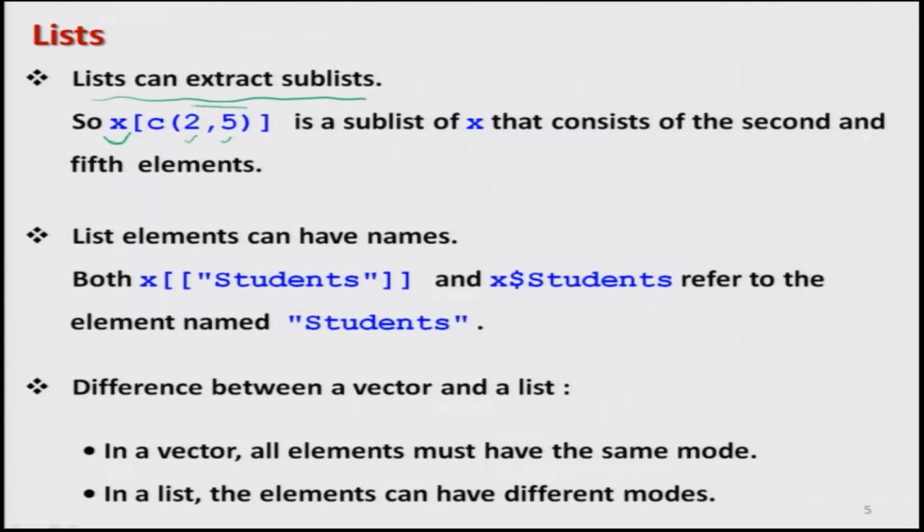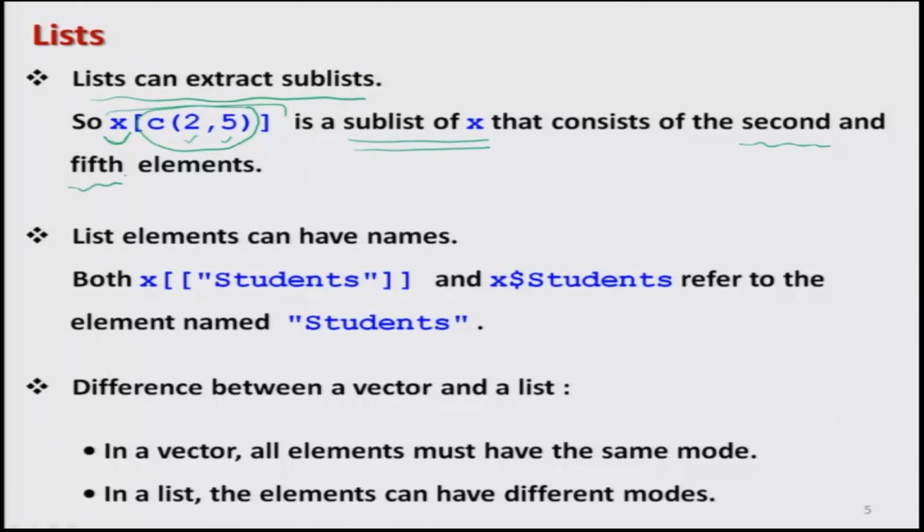So, this is a sort of sublist of x, and this sublist of x can be extracted using this command. So, this is a sublist of x that contains the second and fifth elements of x.